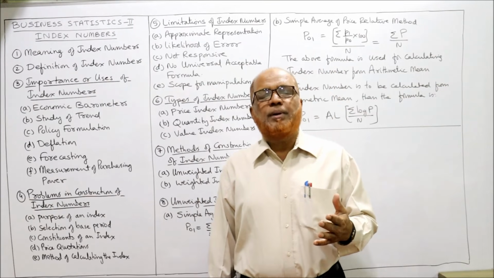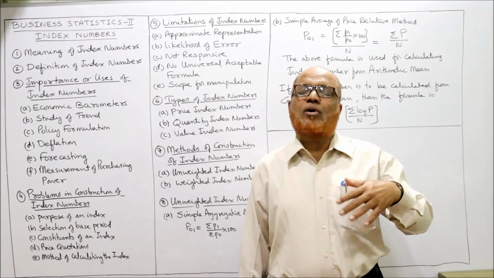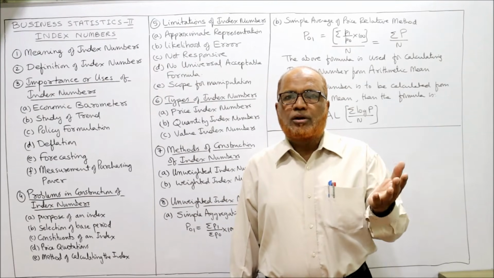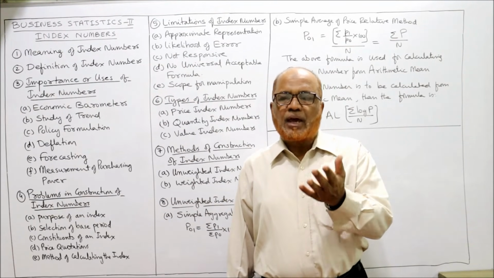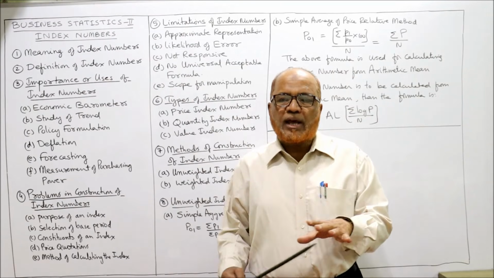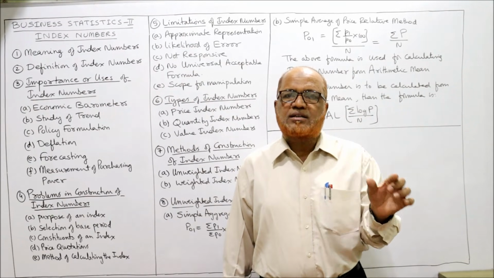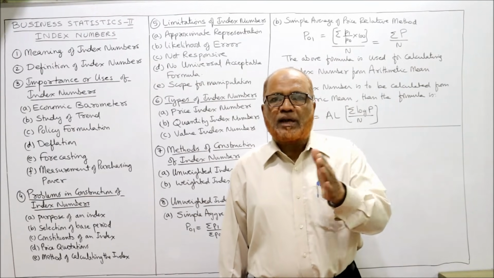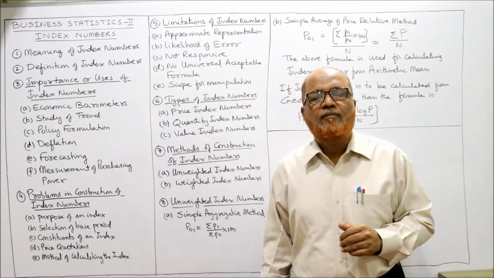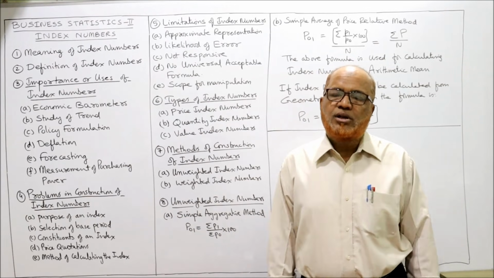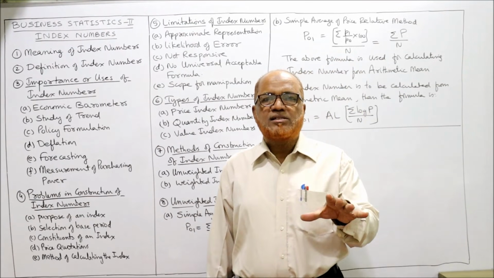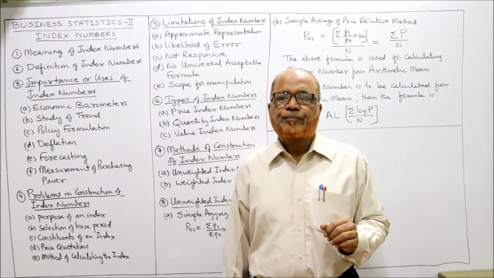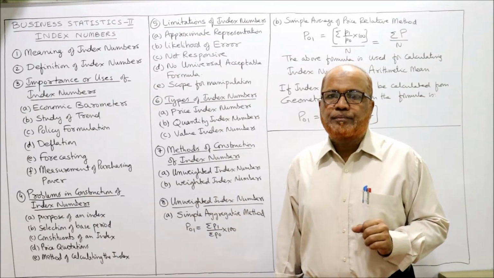Apart from that, we can calculate the index number for any phenomena like production, profit, consumption, exports, imports. For any quantitative data, if you want to compare from one period of time to another period of time, we can use index numbers. So these are the statistical devices to study the changes in a particular phenomena over a period of time.